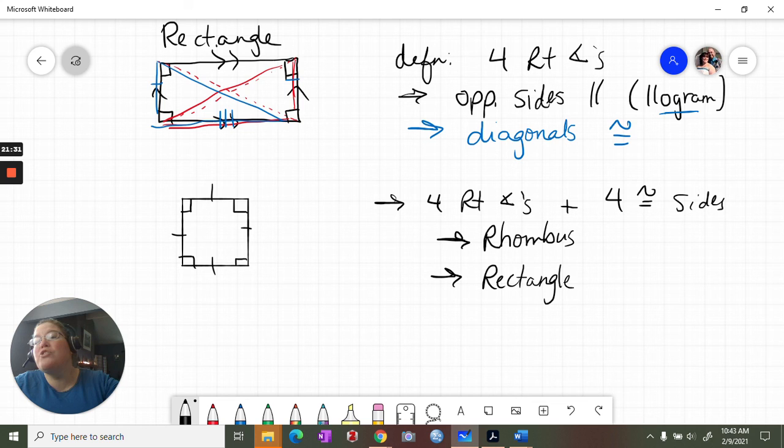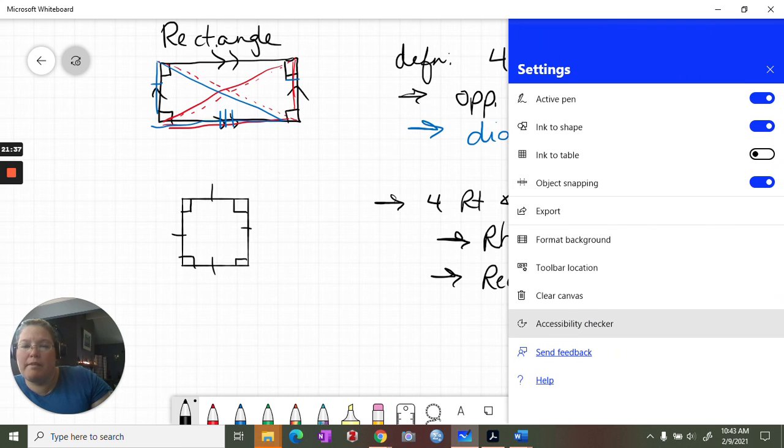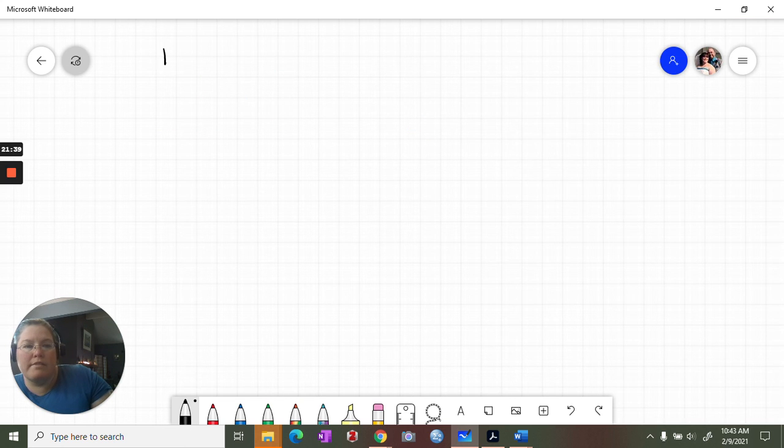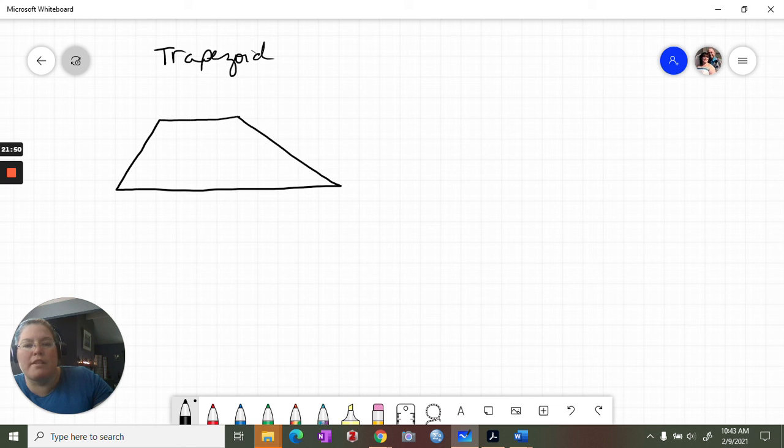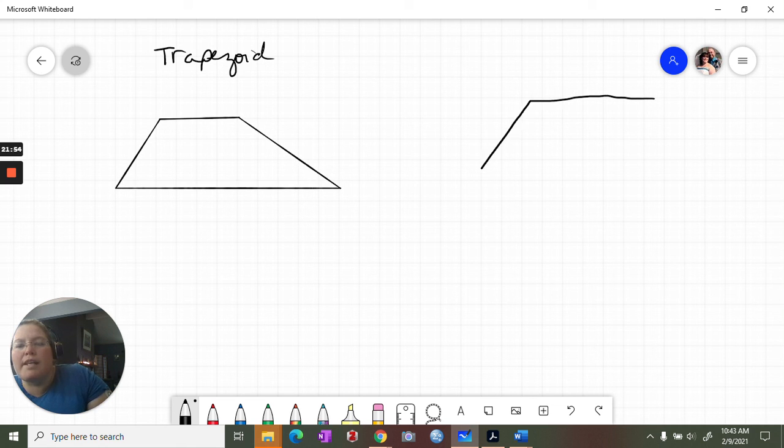Okay. 2 more quick shapes. We have a trapezoid and a kite. To review. So our trapezoid, we have 2 different kinds. Well, there's lots of different kinds. There's a standard trapezoid, which is like this. Okay. Then we have what's called an isosceles trapezoid. Okay.